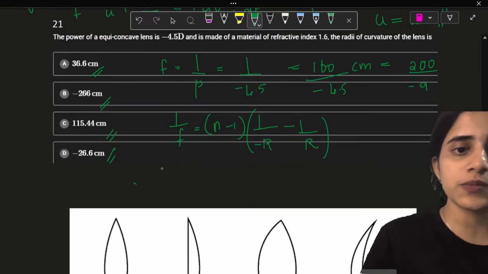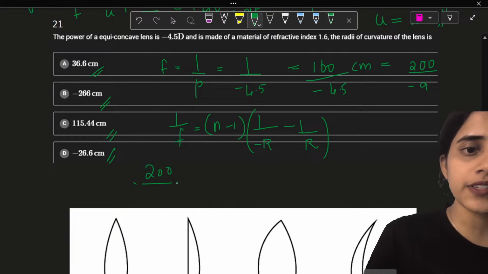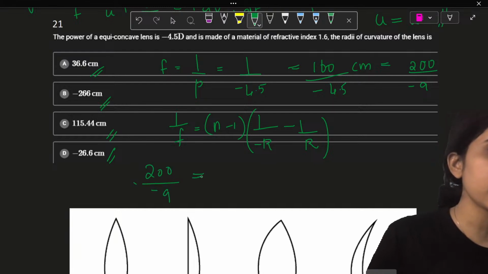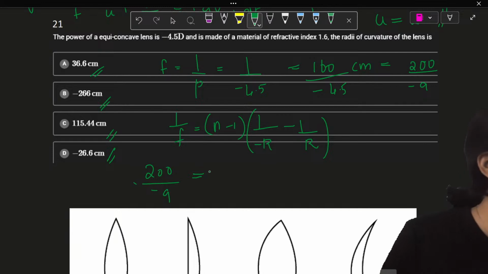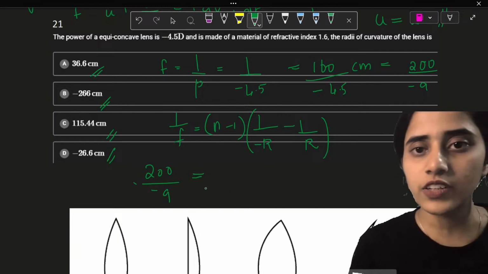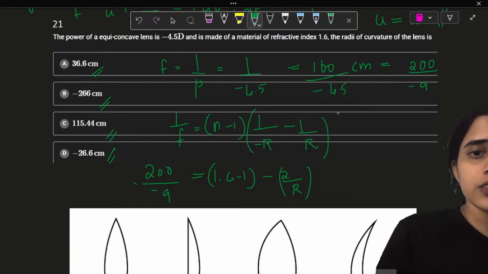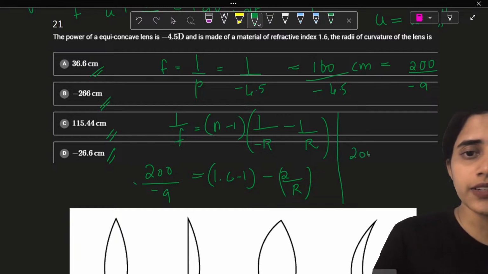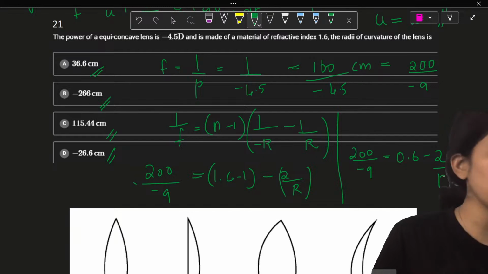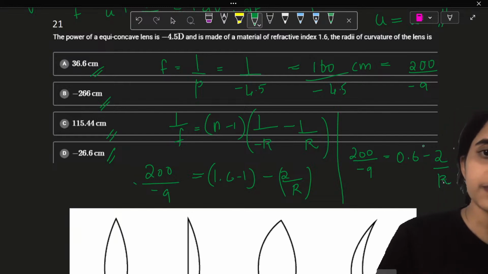So this is going to be 200 divided by minus 9 is going to be equal to, this is given, no? Refractive index is 1.6. 1.6 minus 1 times minus 2 by r. So this is going to be how much? 200 by minus 9 is equal to 0.6 minus 2 the whole divided by r.